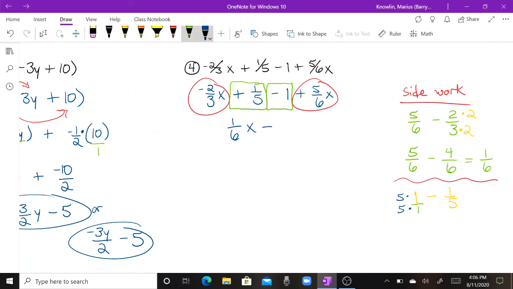So when I rewrite this, we're going to have 5 over 5 minus 1 over 5, and when we subtract, that leaves us with 4/5. So we already put our minus sign up here, that negative, because we knew when we combined them we had to subtract, and we also knew that the 1 was larger. Okay, so when we subtract, we had 4/5, and our final answer here would be 1/6 x minus 4/5.